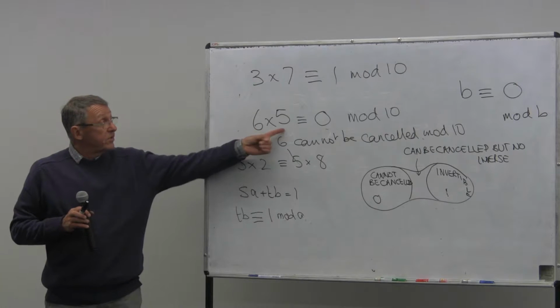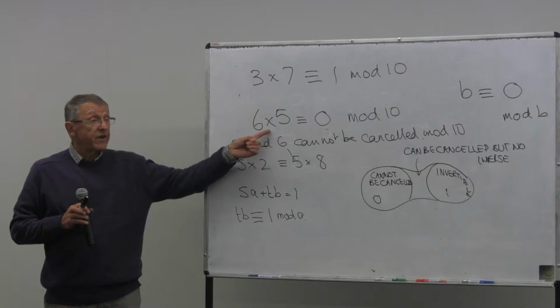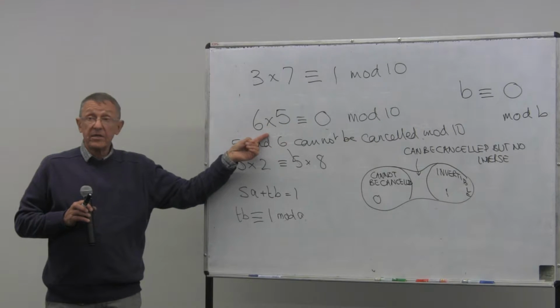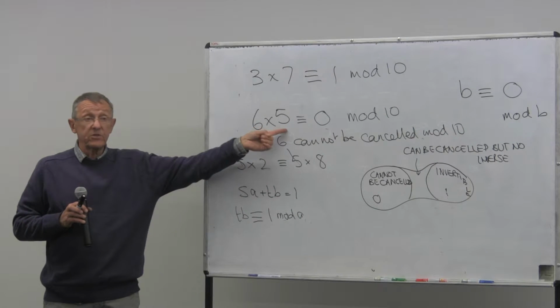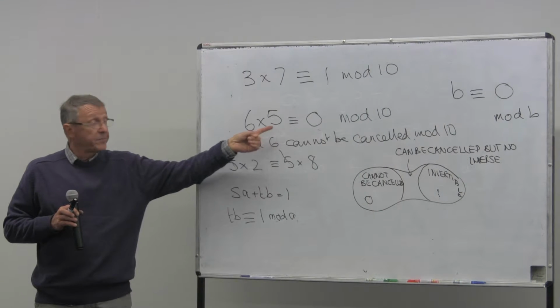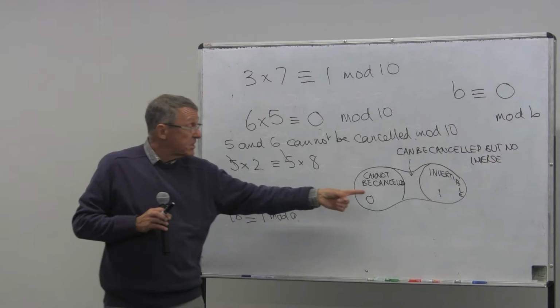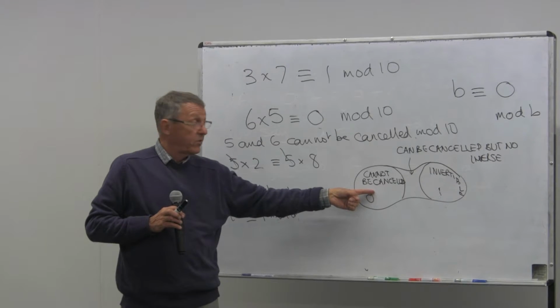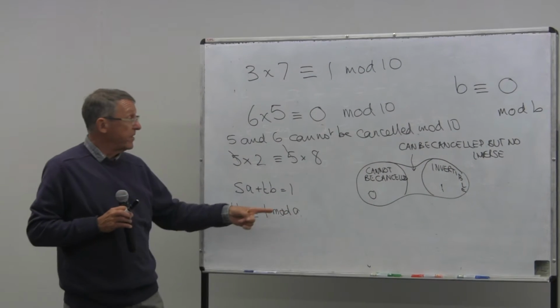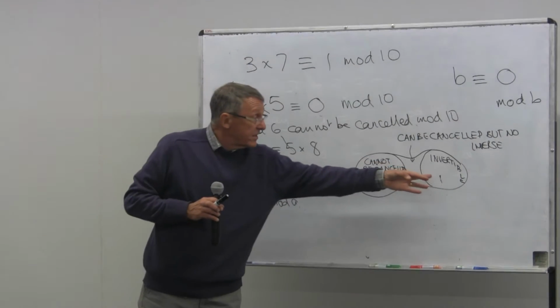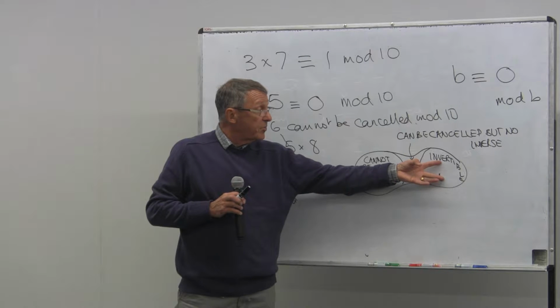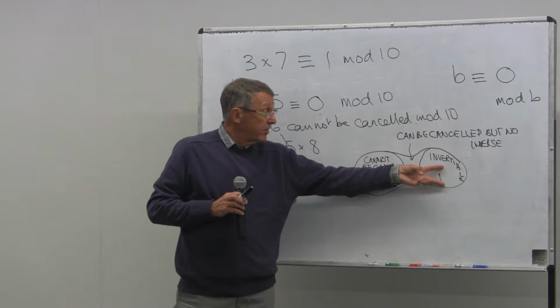Well, what can you tell me about these, 6 and 5, in relation to 10? They've got a common factor. 6 has got a common factor 2, 5 has got a common factor 5. So these are the ones that do have a common divisor greater than 1 with A. So it shows you that if you're working modulo A, all those that are co-prime to A are invertible.